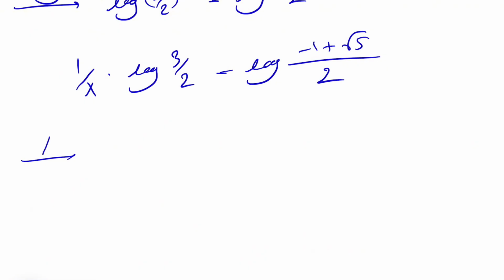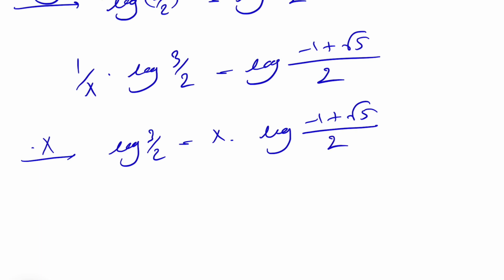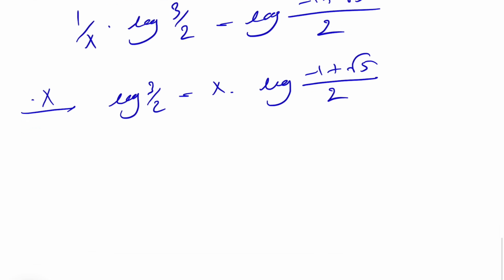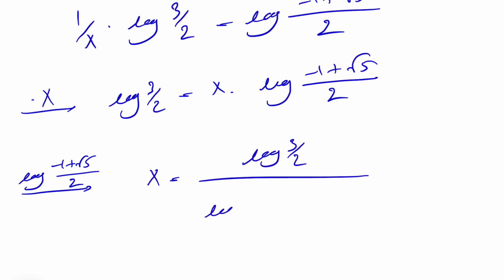So we can multiply this by x. If we do that, we get the log of 3/2 is equal to x times log of (minus 1 plus square root of 5) over 2. And now we can divide each side by the log of (minus 1 plus square root of 5) over 2. So our x would be basically log of 3/2 over the log of (minus 1 plus square root of 5) divided by 2.